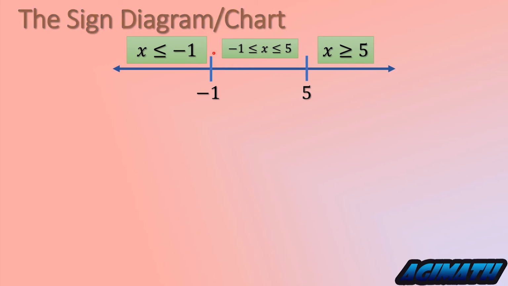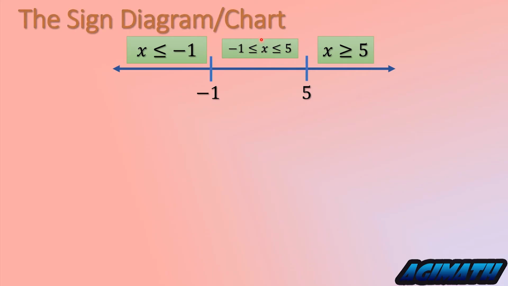And lastly, the interval between the boundaries, you look at my notation. Negative 1 is less than or equal to x because x, if you are going to look at this part, x is greater than or equal to negative 1 because x is located on this interval, meaning x should be greater than or equal to negative 1.